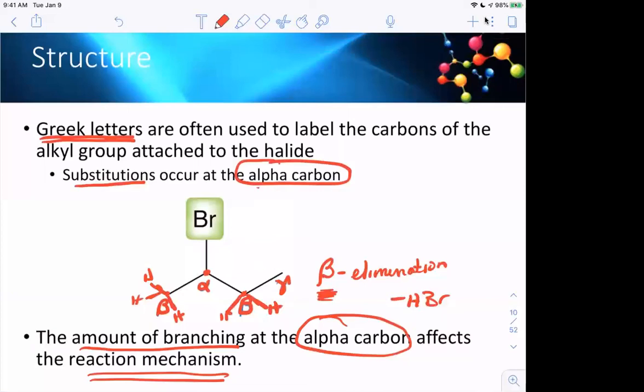We're going to look at the hydrogens that are attached to the beta carbon in terms of this beta elimination reaction that we're going to study. So again, you have to be able to identify these different types of nomenclature and how I describe these different types of carbons in my alkyl group.